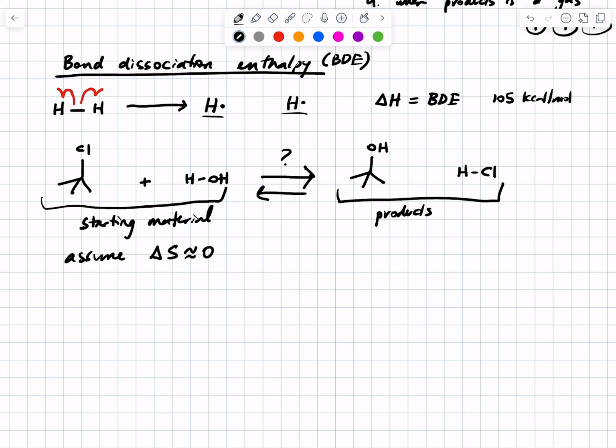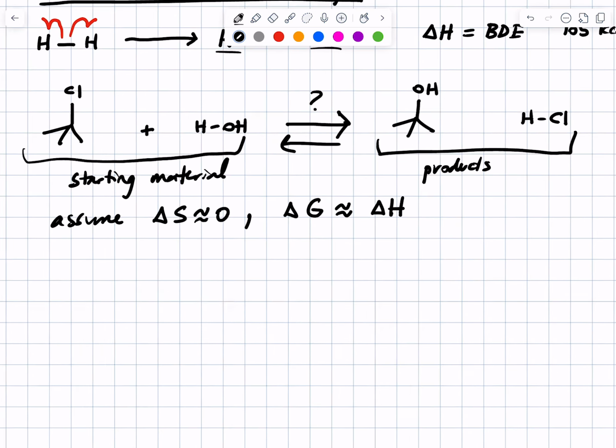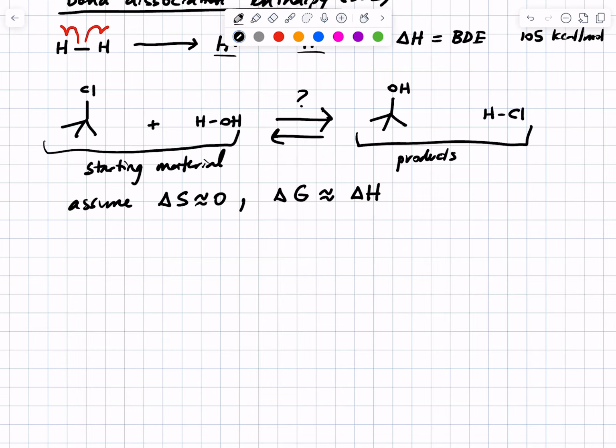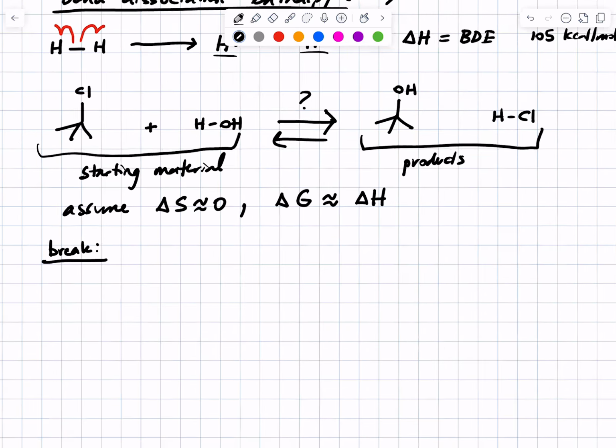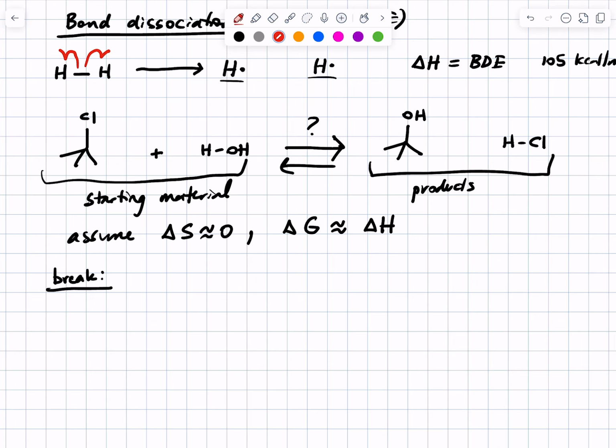If that's true, then we can approximate whether the reaction is overall favorable by looking at only enthalpy, which is going to be bonds formed versus bonds broken. So let's first figure out which bonds we break in this process. Which bonds in the starting material aren't there in the product?